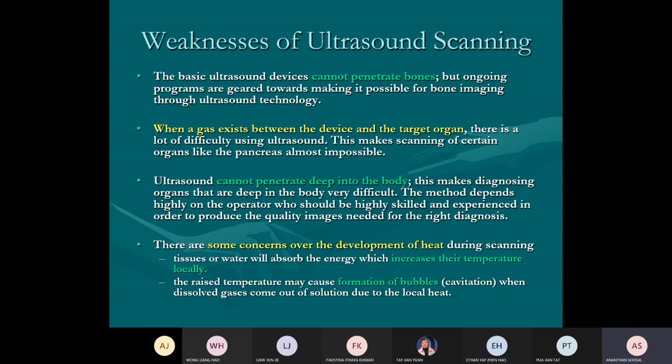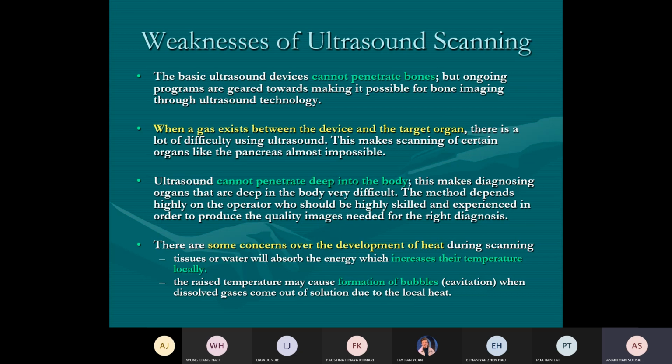As I said, with gas, the majority will be reflected, so you cannot examine the target organ underneath the gas layer. It cannot penetrate deep into the body, so organs that are deep in the body are very difficult to diagnose. Also, at high intensity, as we discussed, it can damage the tissue.